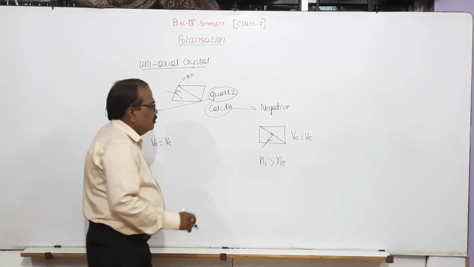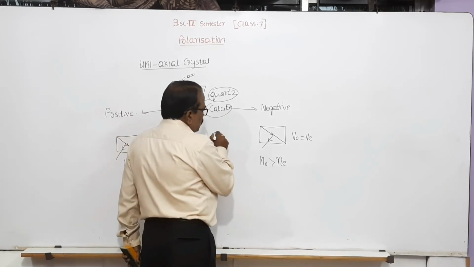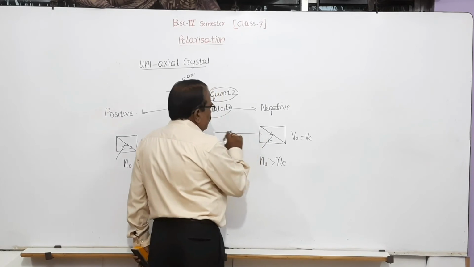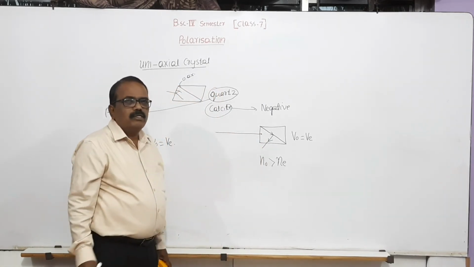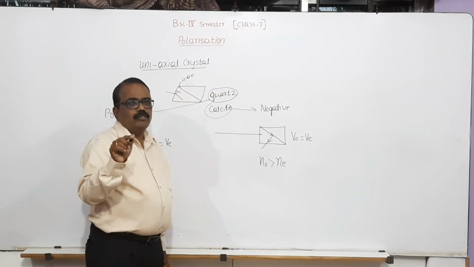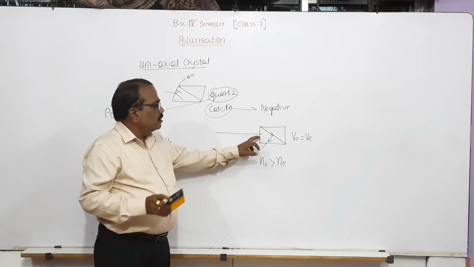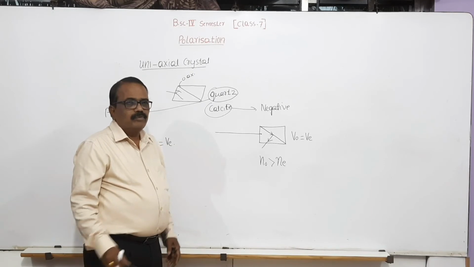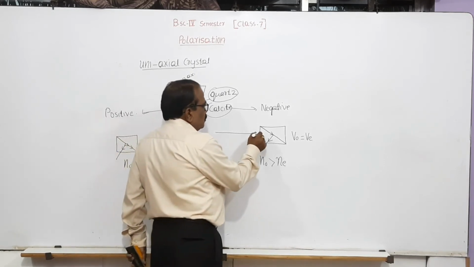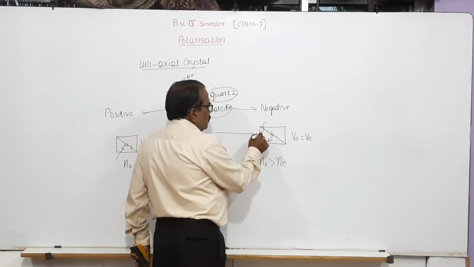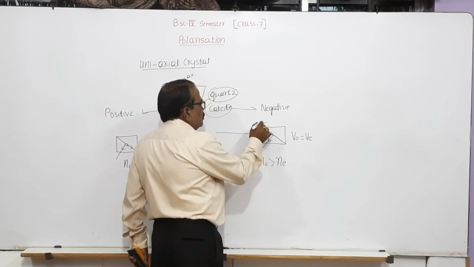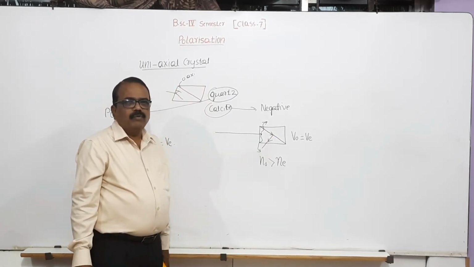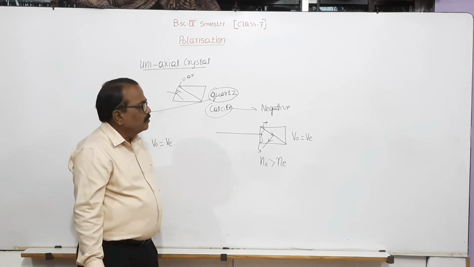And if unpolarized light is incident on the doubly refracting crystal, each point inside the crystal acts as a secondary source. They send out wavefronts: one for the ordinary ray, another for the extraordinary ray.